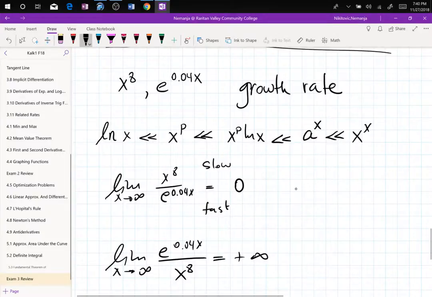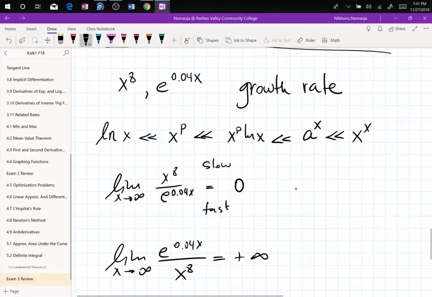Please note that if you are to take L'Hopital's rule, because this is infinity over infinity, if you take derivatives of e, they will always stay as e to the x. Sure, the constant in front will change: 0.04, 0.04 squared, cubed, and so on.